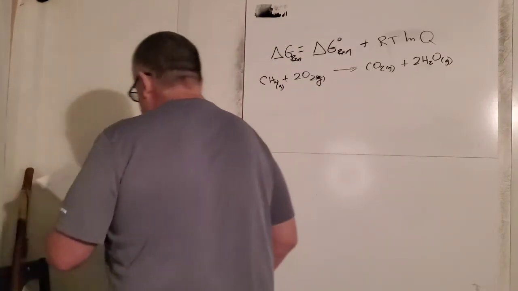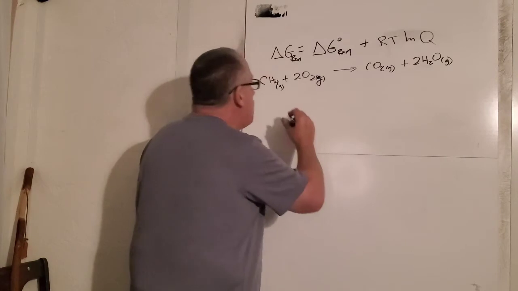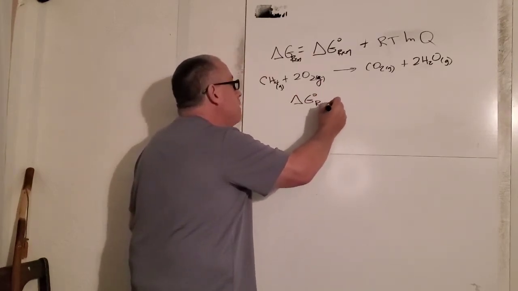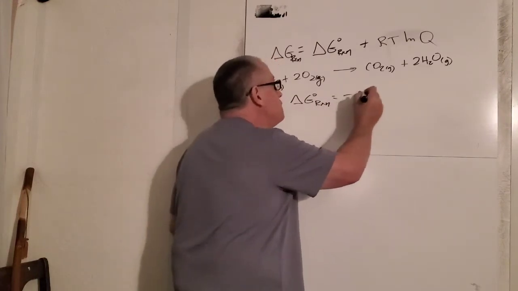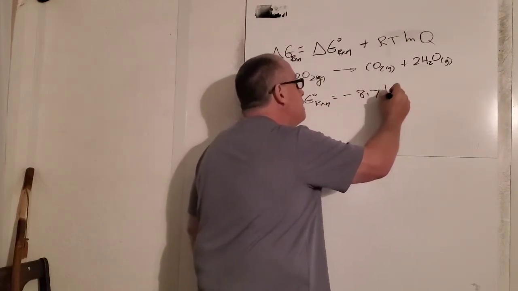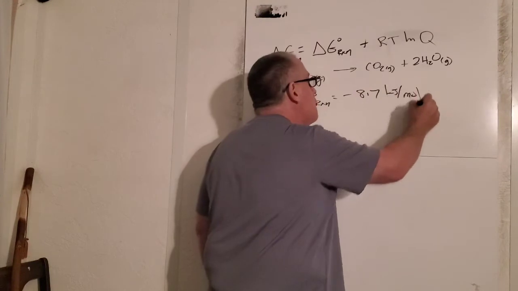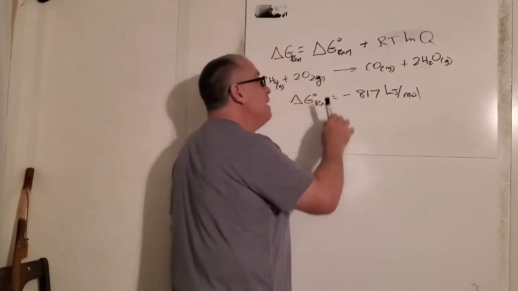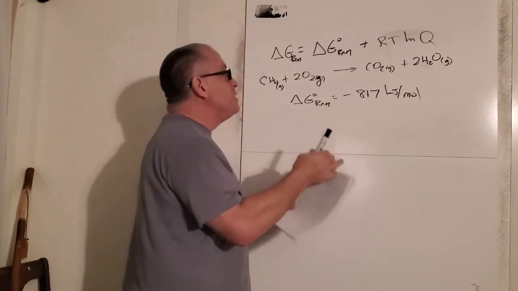And earlier I did this in a previous video, and I calculated the Gibbs free energy for this reaction was equal to negative 817 kilojoules per mole. 817, not 8.7. That means the minus sign means it's spontaneous.